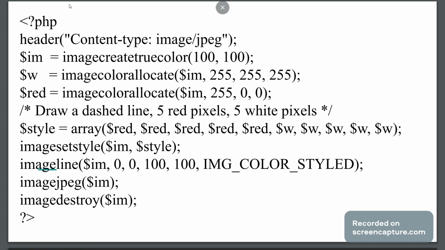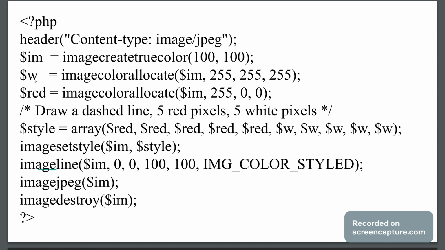Now we have the PHP start tag and header function. We are creating our image with imagecreatetruecolor with 100 as the width and 100 as the height. We are creating one color, white, for our lines, then a red color for our lines.